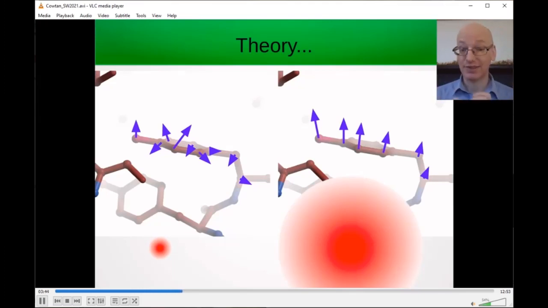So that's a bit clumsy, and it does slow down the calculation and limits its radius of convergence. It's less good at finding these big domain motions that we want to pick out at the early stages of refinement. So the change we made is, instead of looking at the shifts to individual atoms, we look at the shifts over a whole region, and that takes out a lot of the noise.